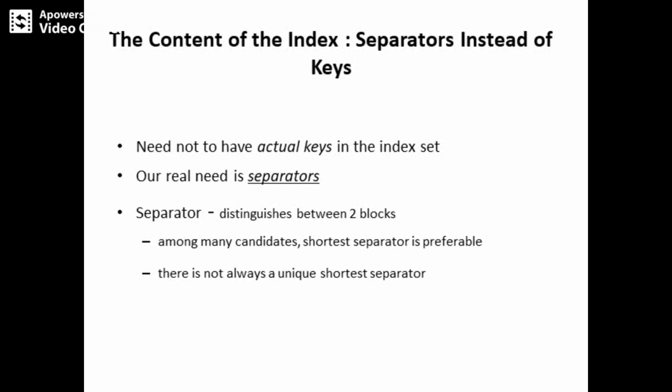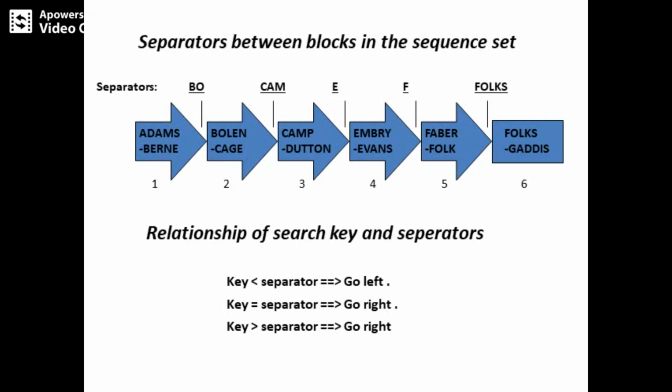Usually while selecting the separator, it should be unique and it should be the shortest, so we need to keep that in mind. Let us take an example for this. If you consider the same previous example, see this is the Adams to Burney record. Here BO is taken as the separator between block 1 and block 2.